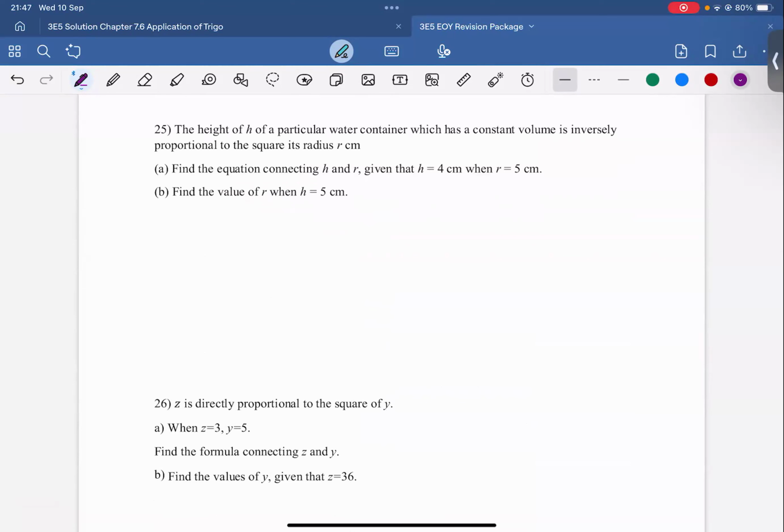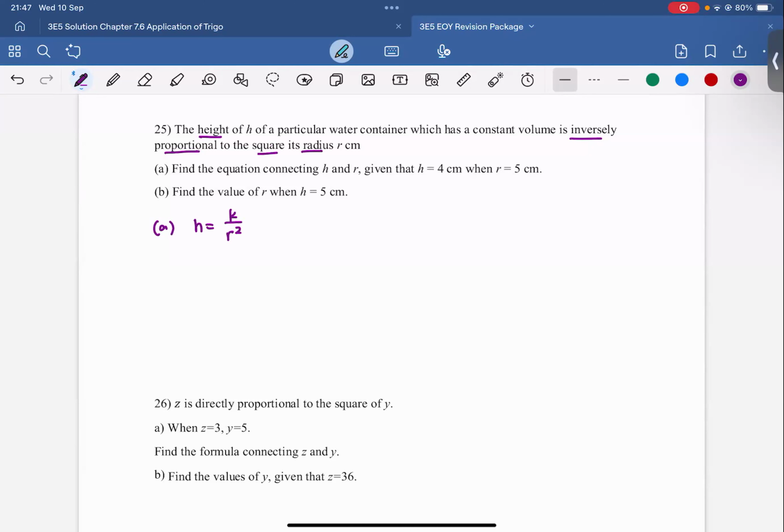First thing first, the height is inversely proportional to the square of the radius. If it's inversely proportional, straight away it is k divided by r squared. Why r squared? Square of the radius. Find the equation connecting h and r. This is not yet the equation connecting h and r because the k is still there.